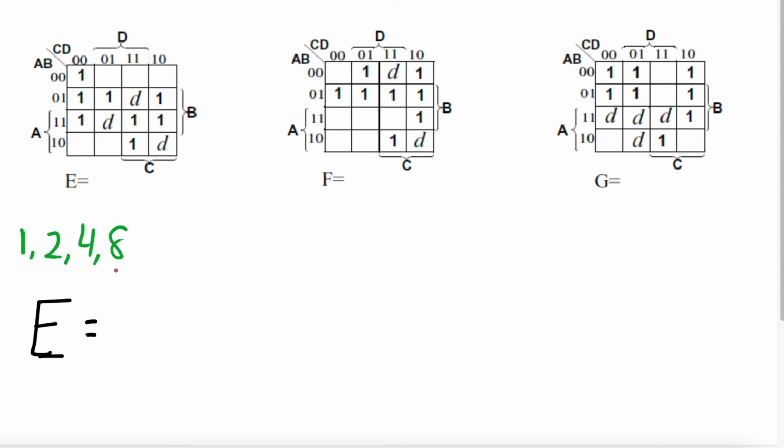If we start with the max, we want to look for 8 boxes. So is it possible to circle 8 boxes in this first Karnaugh map for letter E? We have 1, 2, 3, 4, 5, 6, 7, 8. So we have 8 boxes all connected, and we can circle the D's that are part of those 8 boxes because we can circle them if we see it fit or if we need to.